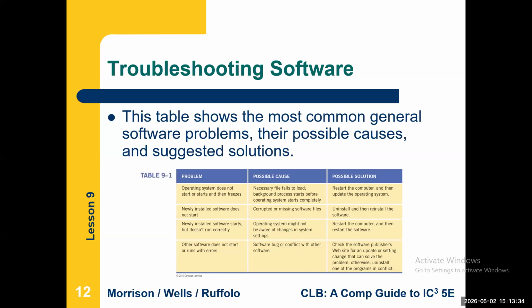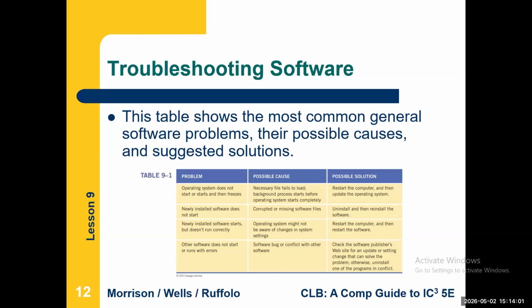Another problem: newly installed software starts but does not run correctly. If that is the problem you are experiencing, then the possible cause is that the operating system might not be aware of the changes in the system settings. You have installed the software, but the operating system did not make changes for it. In that case, the best way to solve this is to restart the computer and then restart the software.